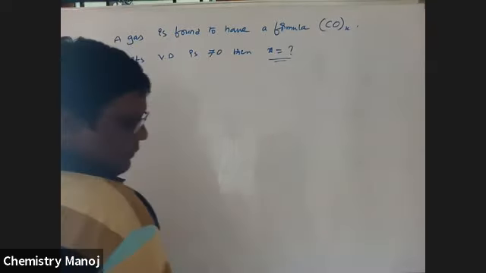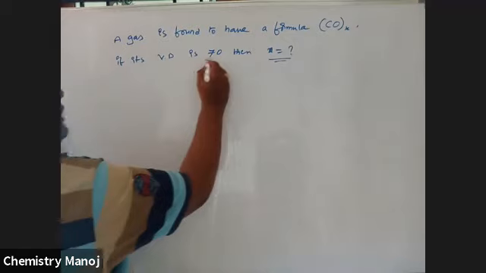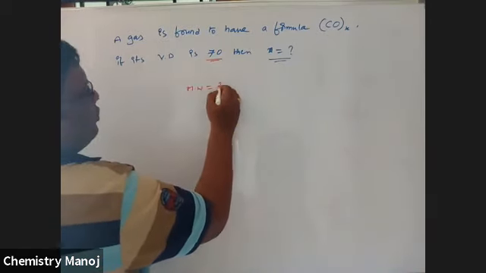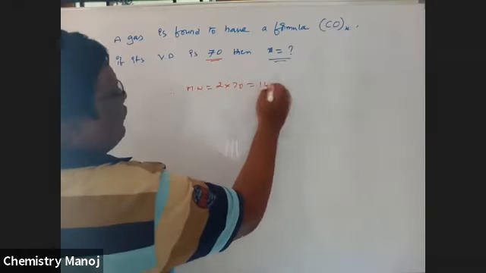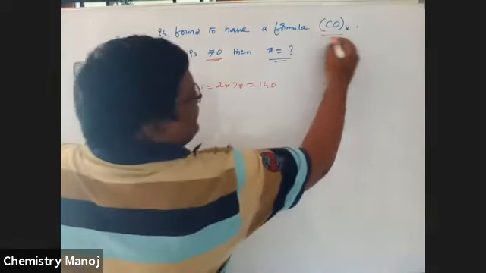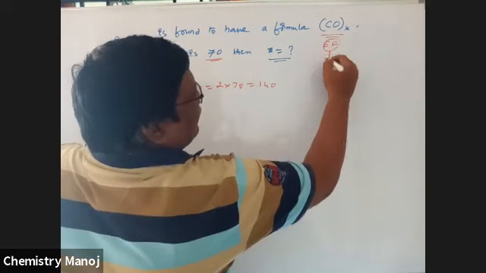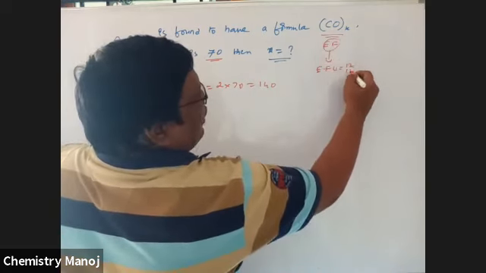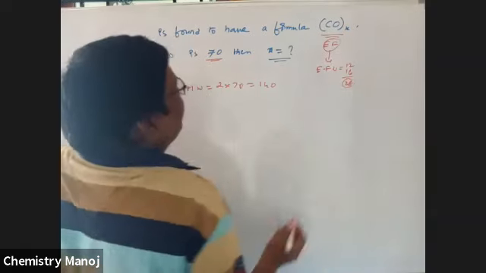Vapor density is 70. Therefore, molecular weight is equal to 2 into 70, which is 140. The empirical formula weight is carbon 12 plus oxygen 16, which is 28.